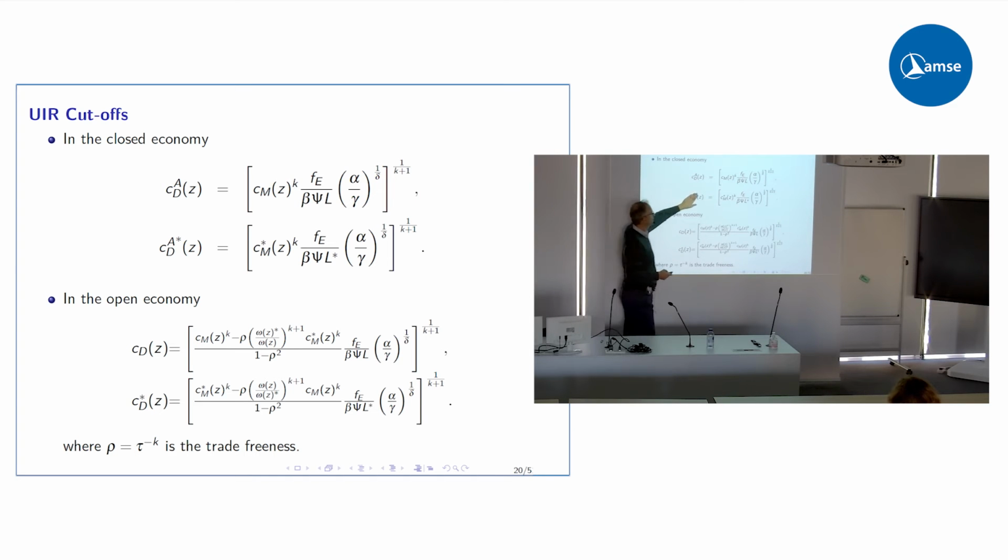So intuitively, what this is showing is that CDAZ is the endogenous upper bound of the conditional distribution of unitary input requirements. That is the maximum unitary input requirement that allows a firm to sell in this market. Firms that draw a unitary input requirement above CDA in autarky are not going to be able to sell in the autarkic market.